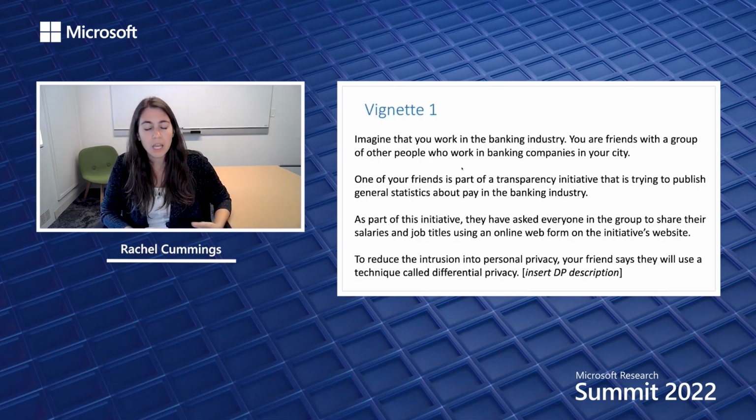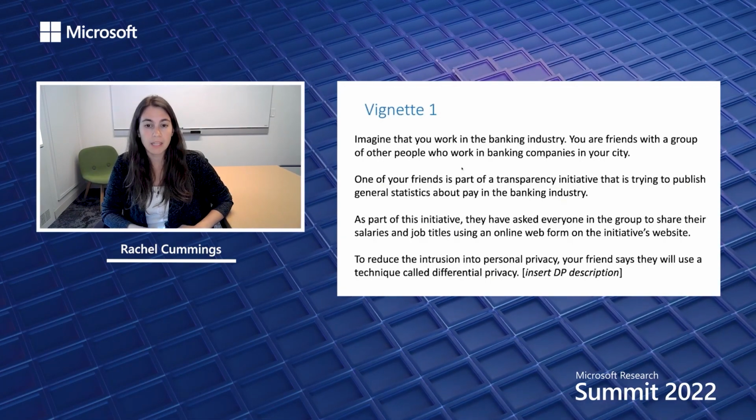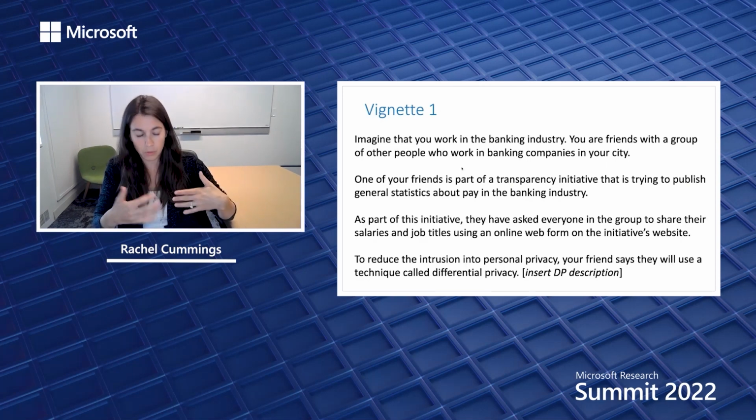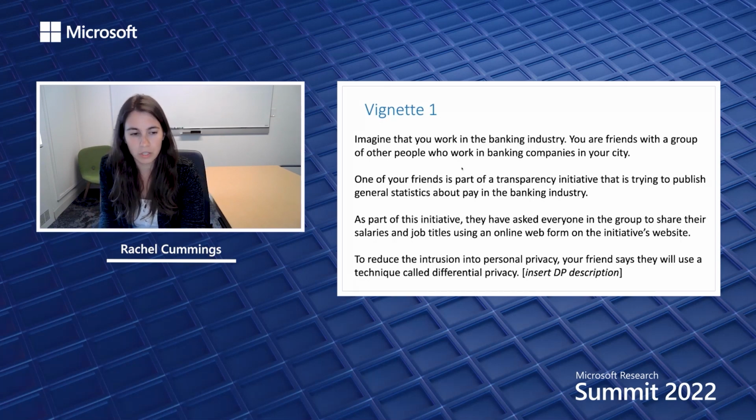One of your friends is a part of a transparency initiative that wants to publish general statistics about pay in the banking industry, and they have asked everyone in their group, including you, to share their salaries and job titles on the initiative's website, using an online web form.